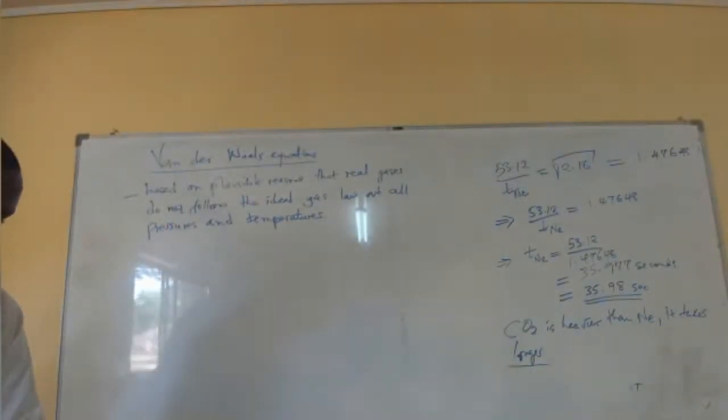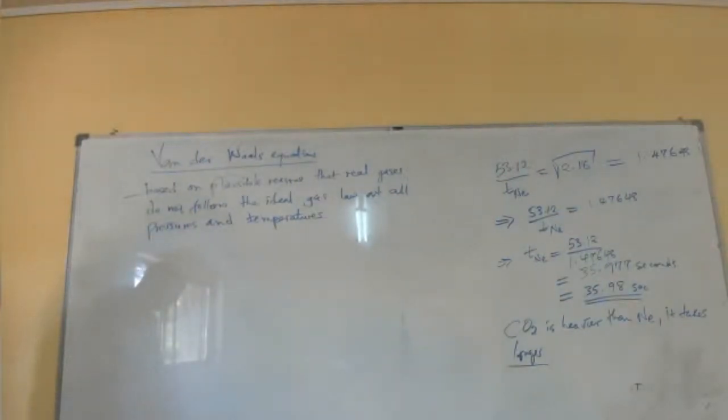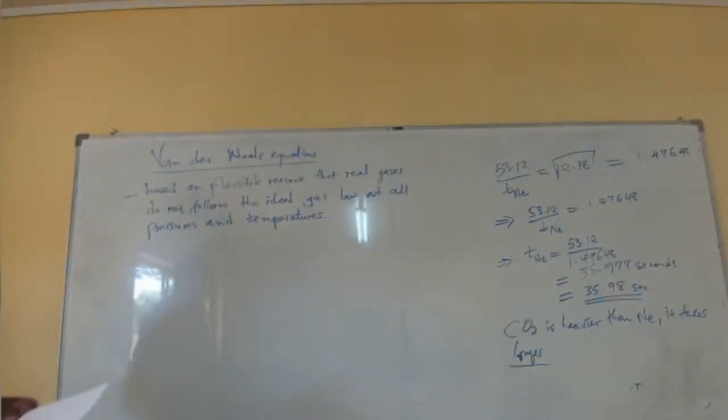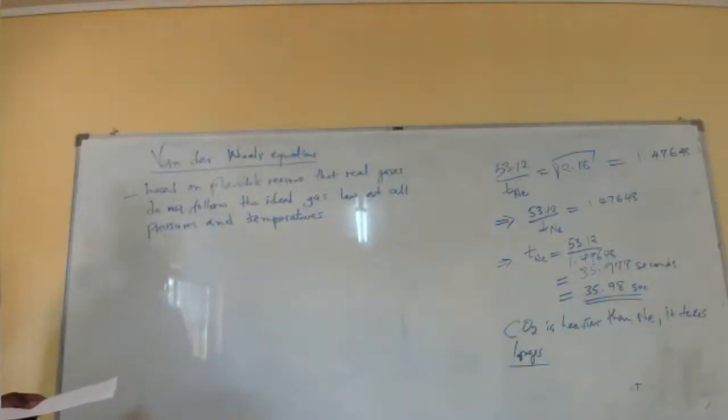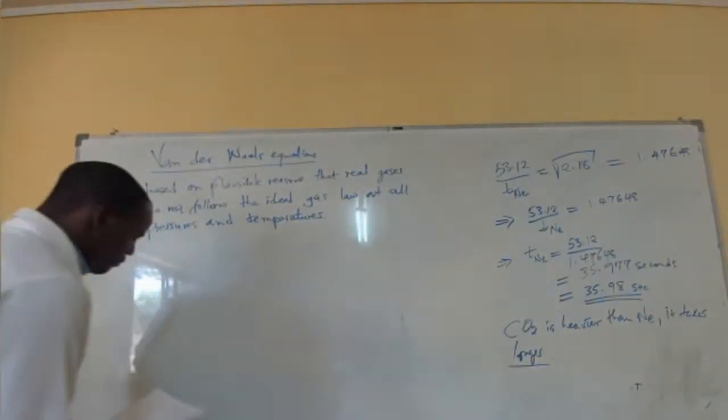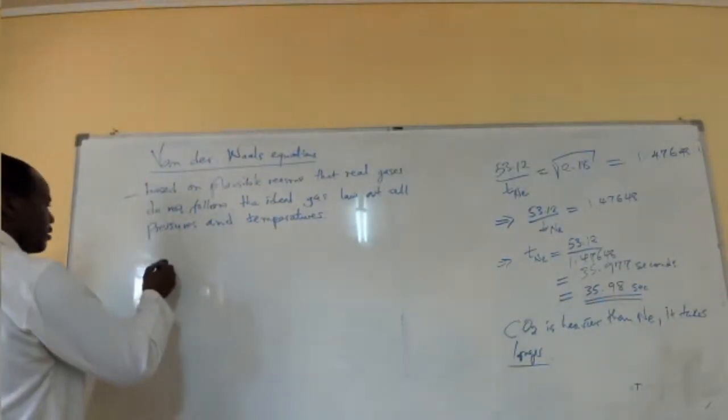Now, the van der Waals equation takes into account the changes in volume and also the change in pressure. So what we are doing here is to try and correct the pressure and also the volume so that we have the correct numbers.